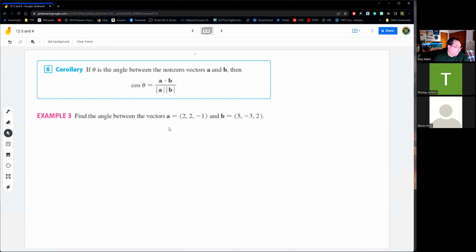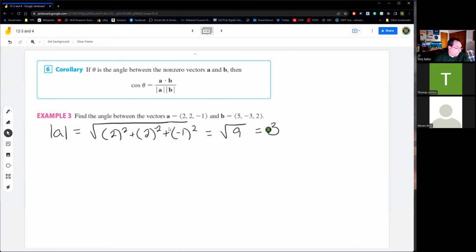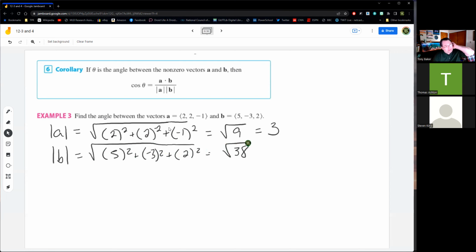So the first thing we've got to do for these vectors is find the length. And if you remember, that was basically the distance formula. So the length of A is the square root of 2 squared plus 2 squared plus -1 squared. So I've got the square root of 9, which is 3. And then the length of B is 5 squared plus 3 squared plus 2 squared, which is the square root of 38.